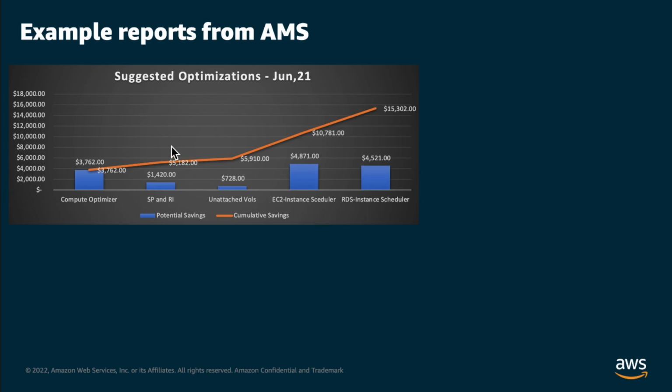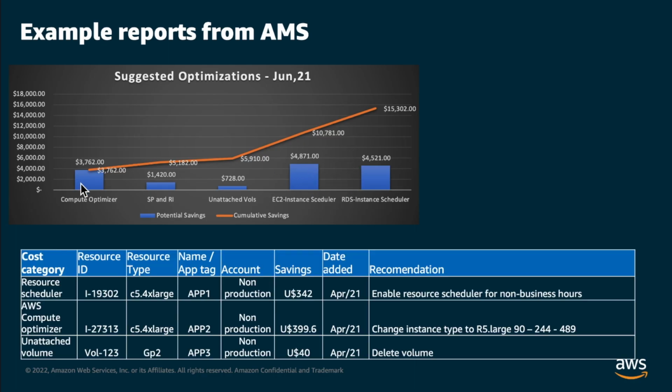So this was the requirement, and we built this picture for them, so they would be able to see clearly that instance scheduler was the one to start with that would give them most savings. And we also supplied to them a spreadsheet with more details for that. So for example, the resource ID and which tool they could use, for example, resource scheduler, amount of savings, and also the tags.